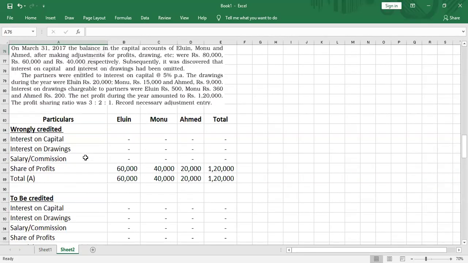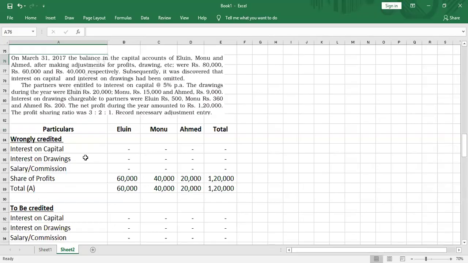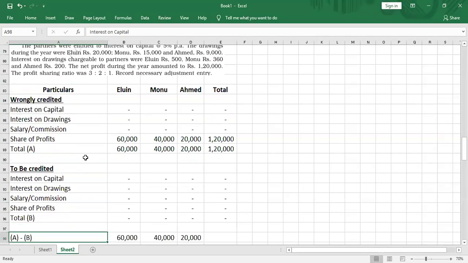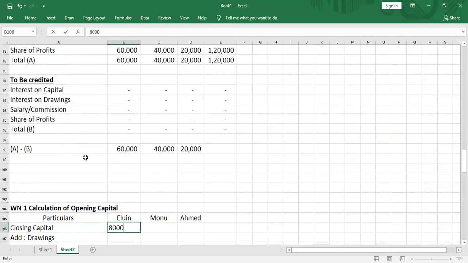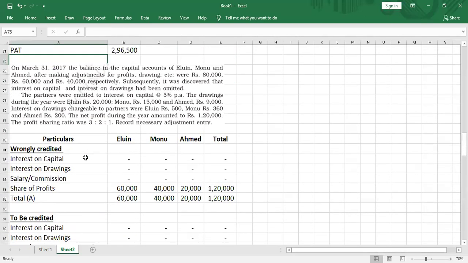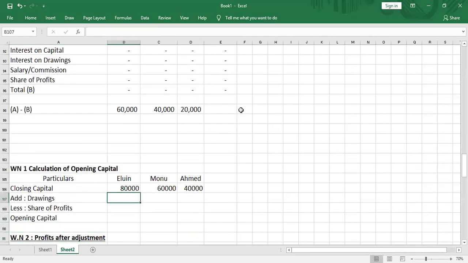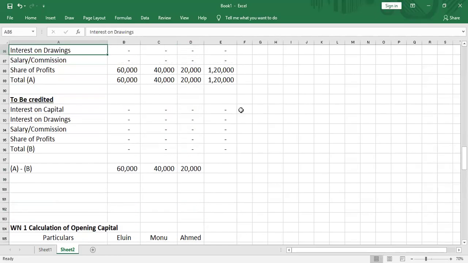So the closing capital happens to be 80,000, 60,000, and 40,000 as per the question. You have to add the drawings back, and the drawings are 20,000, 15,000, and 9,000 as given in the question. And the share of profits, we just computed: 60,000, 40,000, and 20,000.